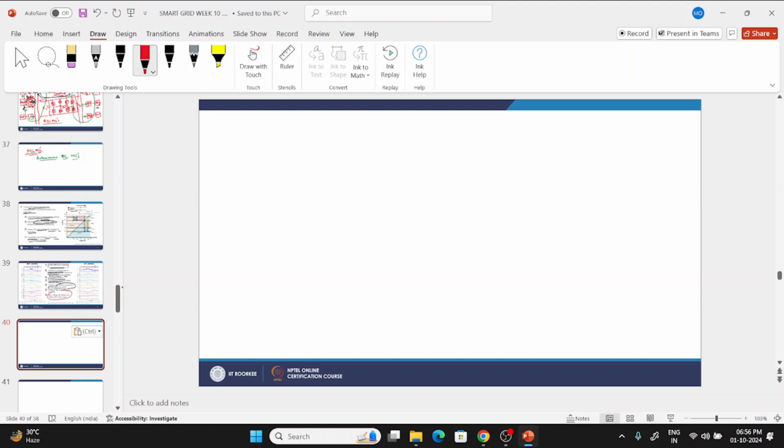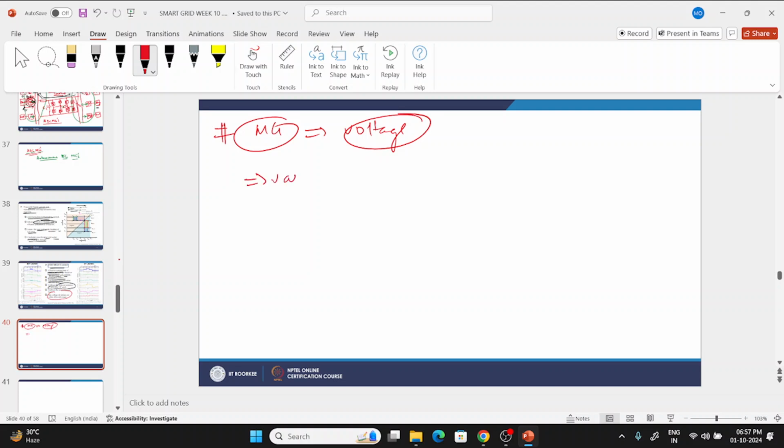Okay, just a second. Now, we know that in any microgrid we have to control the voltage, because voltage is a very important part.